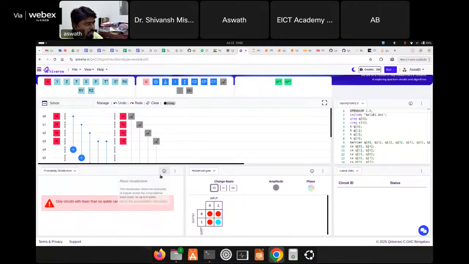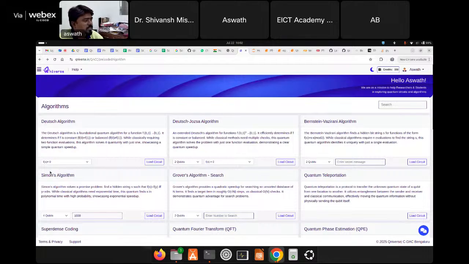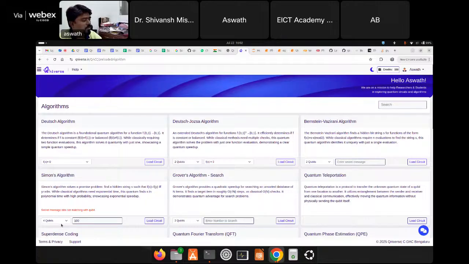Is it running? Only circuits with fewer than 6 qubits can utilize the probability simulation. Okay, that has an issue here. Maybe let's do 6. Maybe let's do 6. Okay, maybe 1. Okay, 3. Let's do it. 3.